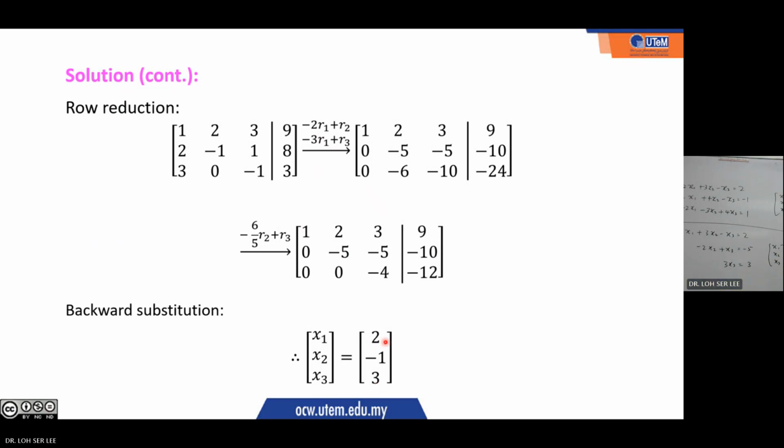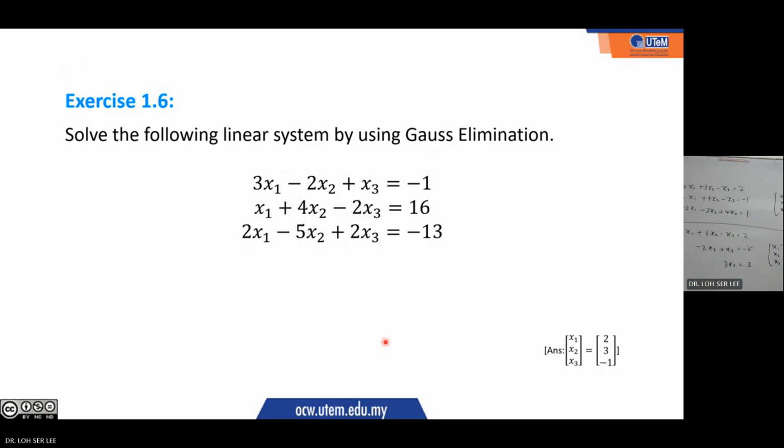Okay, try this. Write out the augmented matrix.